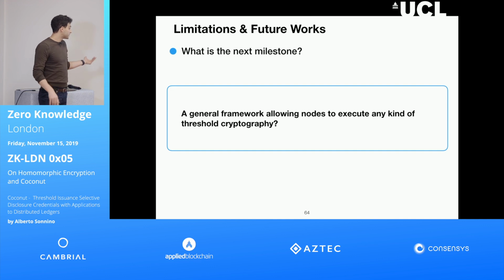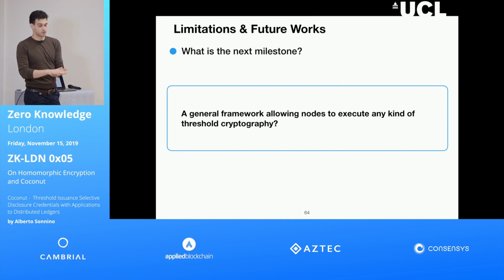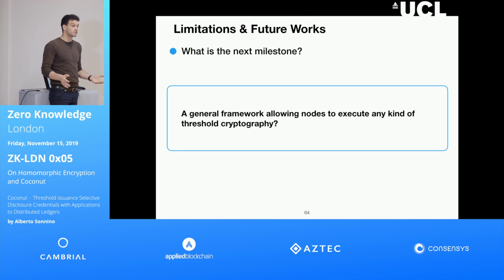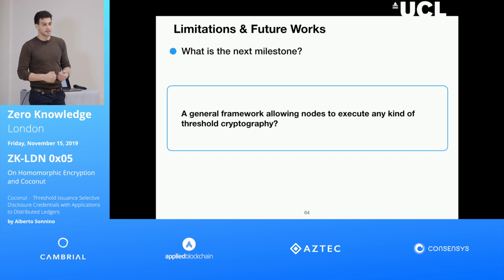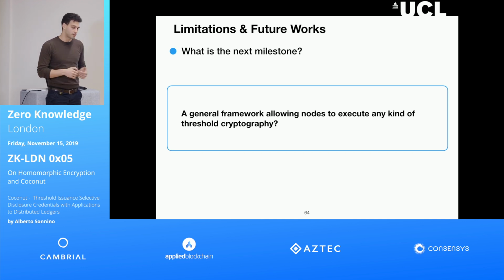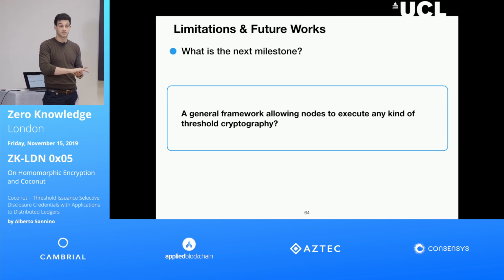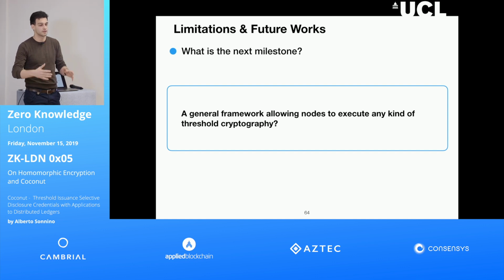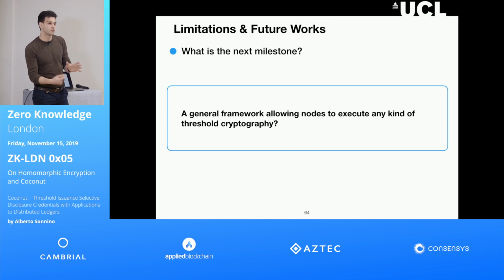And as a next step, now that you can have blockchains that operate on nodes' secrets by issuing the credentials, I was wondering if we could have something a bit more general. Instead of having a smart contract where the user submits his transaction, his code to execute, and the zero-knowledge proof gets checked on the smart contract, can we also have the authorities or the nodes themselves operate on secret values that they have?